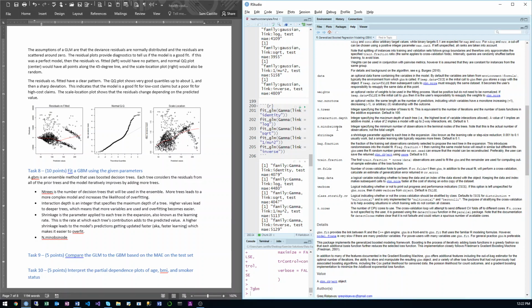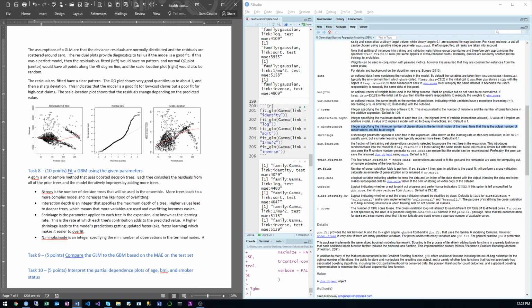N.minobs in node is an integer giving the min number of observations in the terminal nodes.